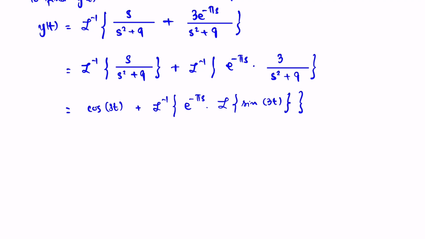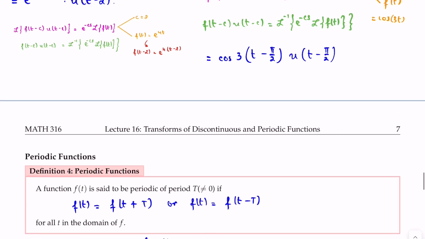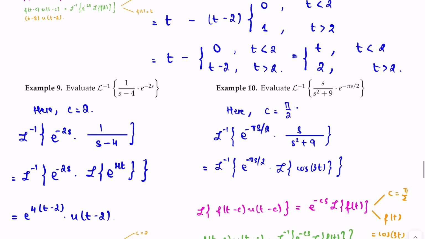Okay, so let me go back to the last lecture, lecture 16, where you work on something like this, right? This is very similar to what we're working with, except you have a different Laplace transform here. In this example, you have s over s squared plus 9, but the problem we have right now is the function 3 over s squared plus 9.